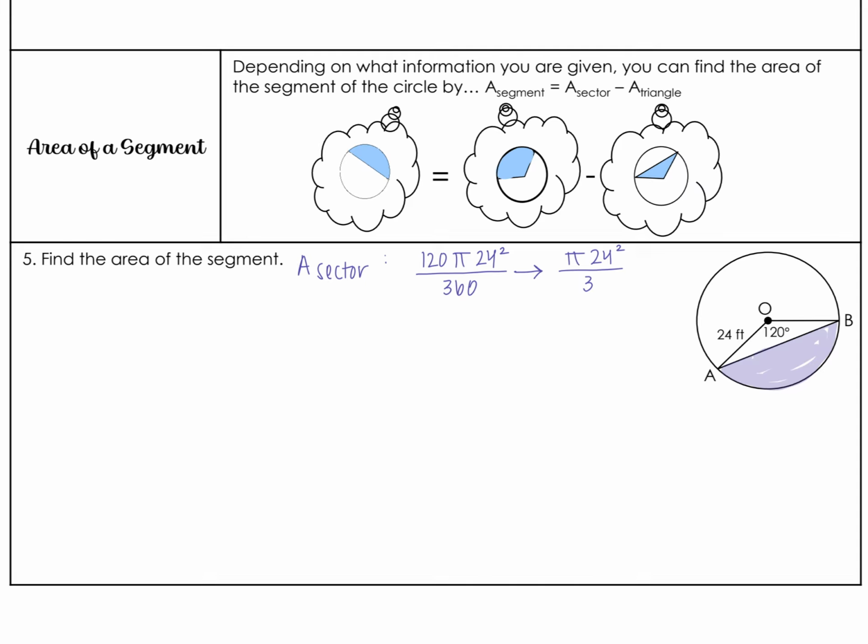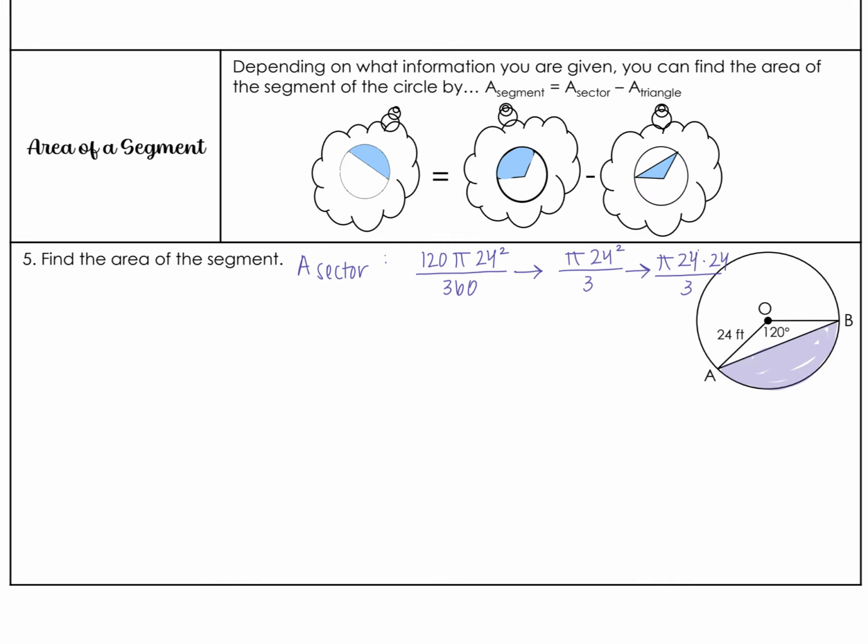So what I'm going to do is expand out what I have, which is that pi times 24 times 24 divided by 3. When you are simplifying your fraction here, and it's multiplication in the numerator, you are just picking one of those numbers in the numerator and in the denominator and dividing, or simplifying.